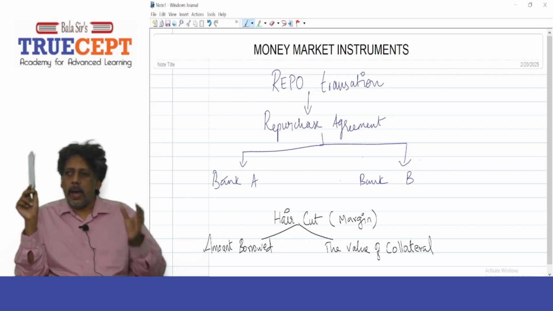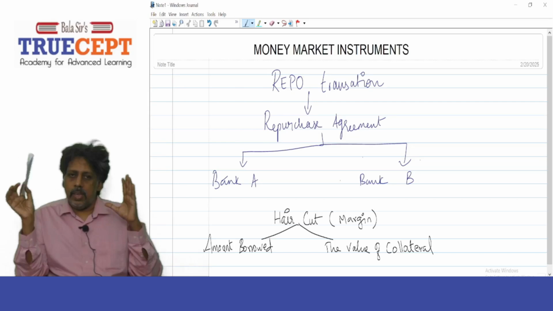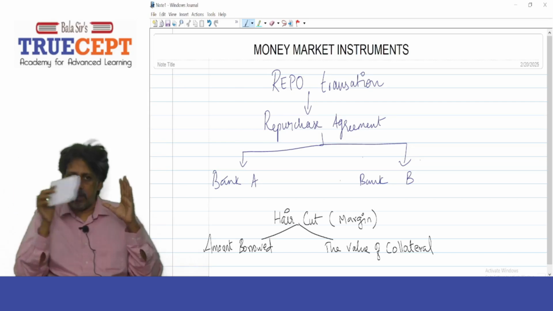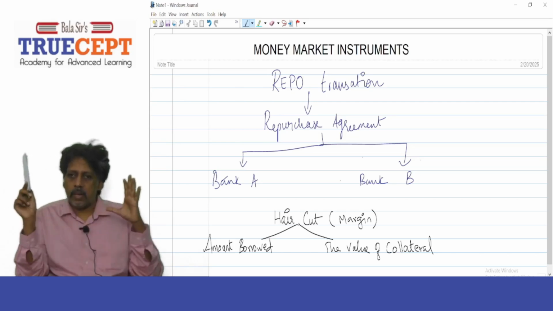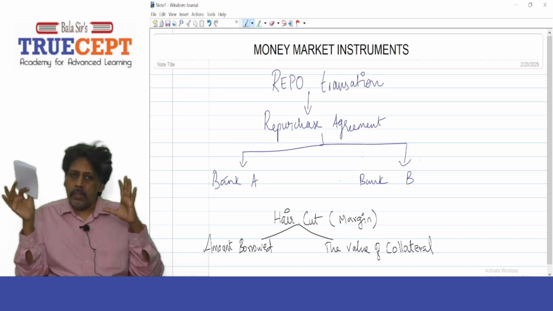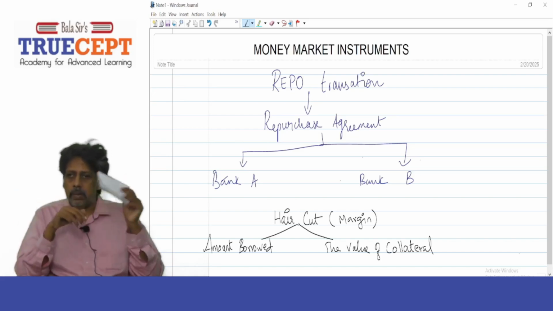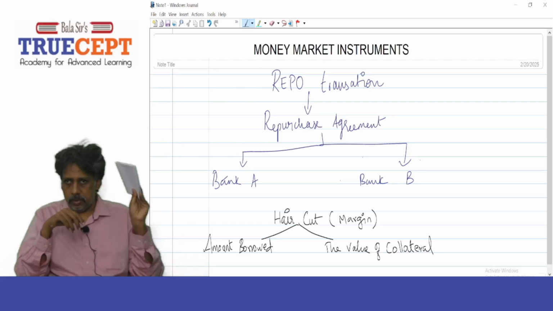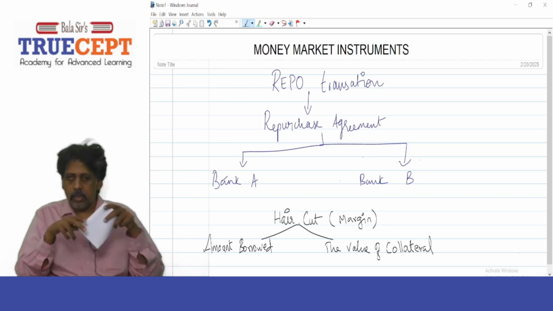Now, what bank A can do is, they can take these investments. Let us say these investments have a market value of rupees 1 lakh, for example. So, bank A can take these investments and sell these investments to banker B. Got it? Today.